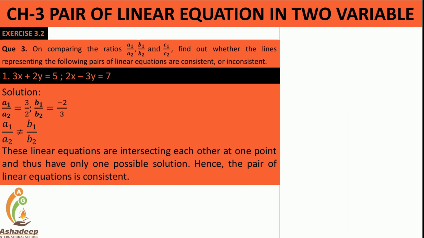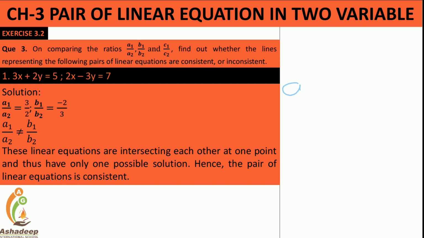Now let's move ahead. First of all, what is a1? 3. What is a2? 2. So a1 upon a2 is 3 by 2. What is b1? 2. What is b2? It is minus 3. So b1 upon b2 is minus 2 by 3. So both the ratios are not equal.